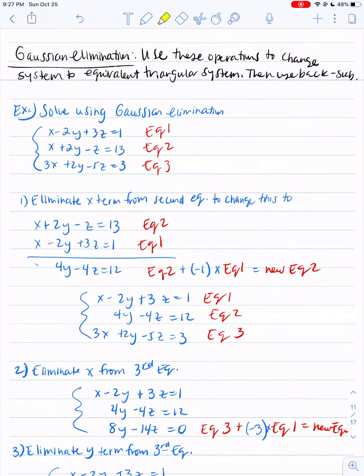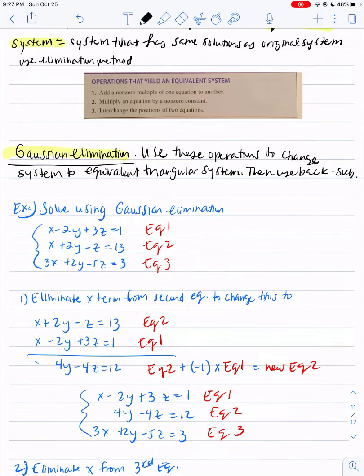Gaussian elimination uses these operations to change the system to an equivalent triangular system. Then we use back substitution.